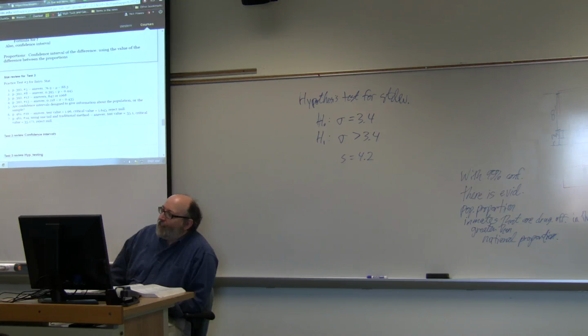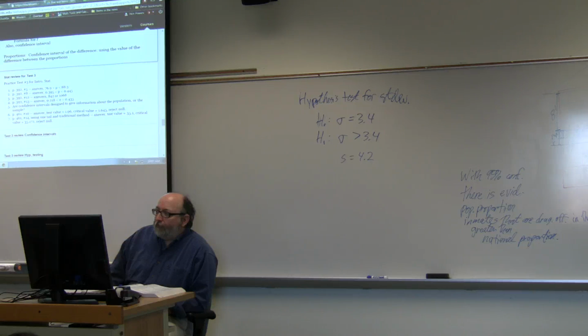Katie, can you tell me where to find the critical value for this problem? Table G. Why do you say table G? Because we're dealing with chi-squared. And why are we dealing with chi-square? Because of the standard deviation. Okay, we're doing a hypothesis test for the standard deviation, so that means we're going to look at the chi-squared table, which is table G.